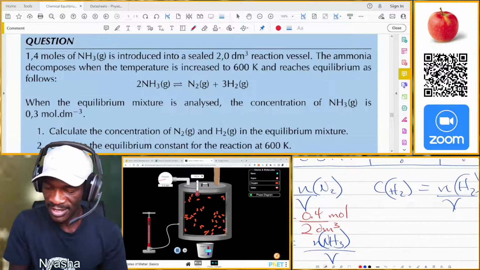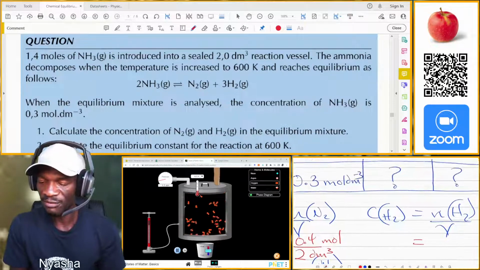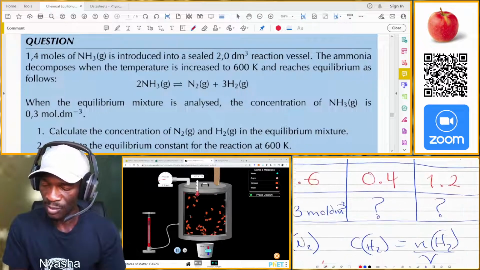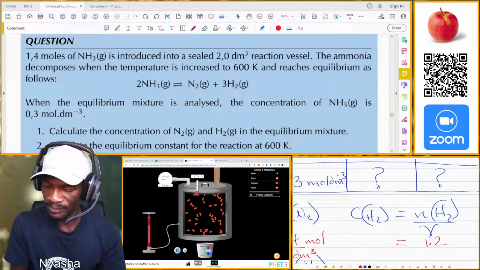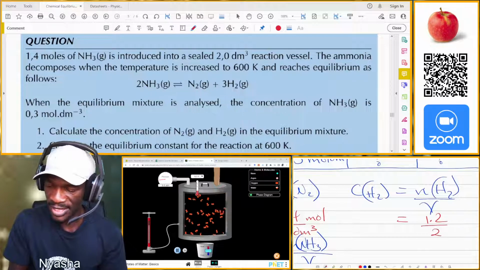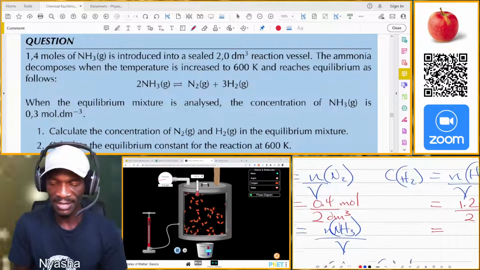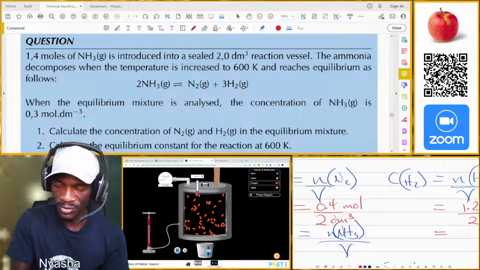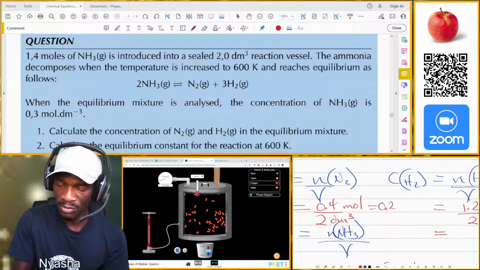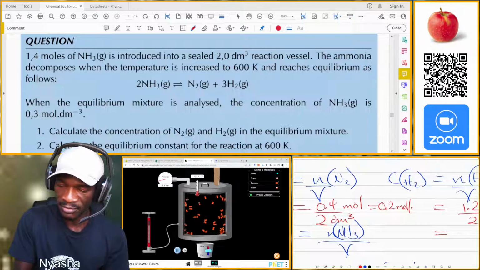On this part it is going to be equal to the number of moles of hydrogen, that is 1.2, divided by 2 dm cubed. So what are you getting? Your 0.4 divided by 2, you should get 0.2 mole per dm cubed.